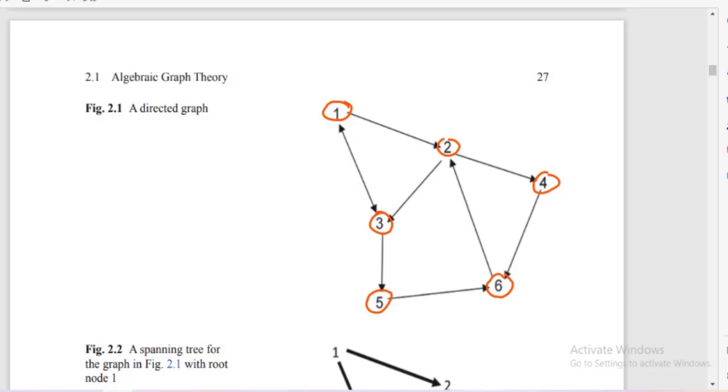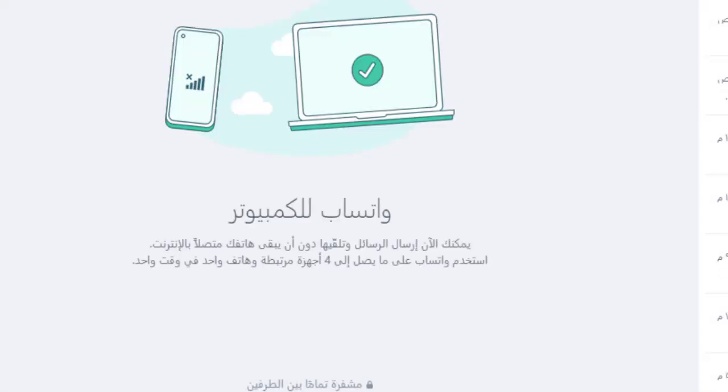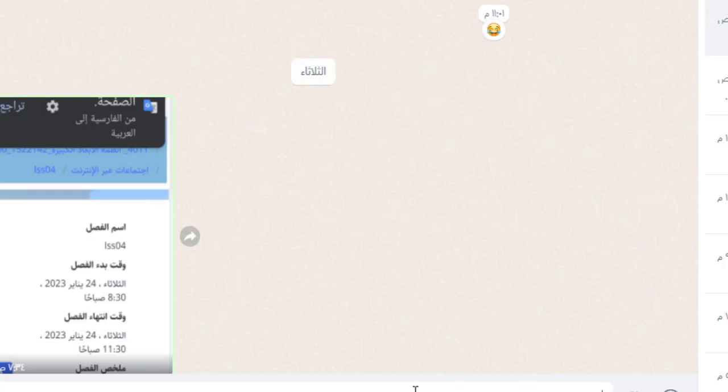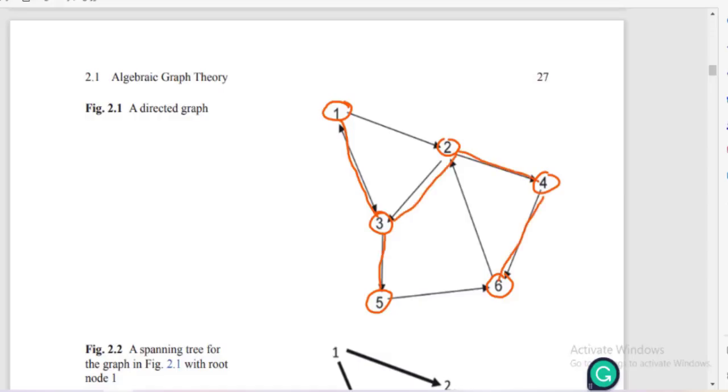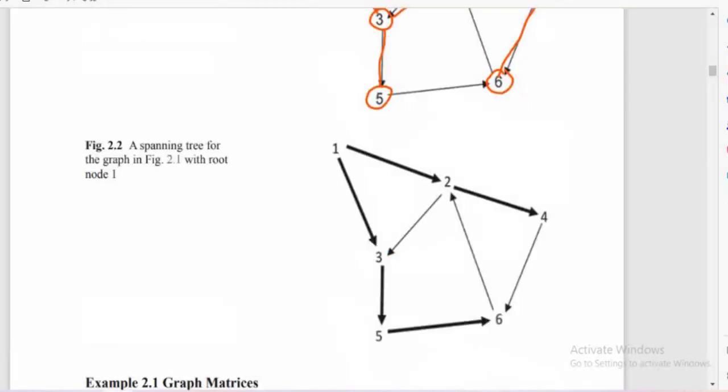We can use it later. For example, I define this, this, this, this, and this. I define the nodes like this. Okay? Or you can select the node like this, the bold line.